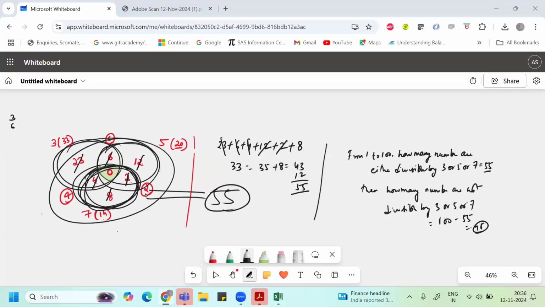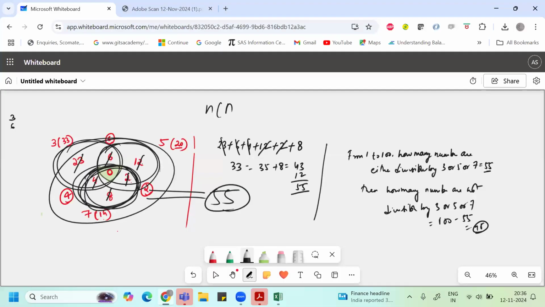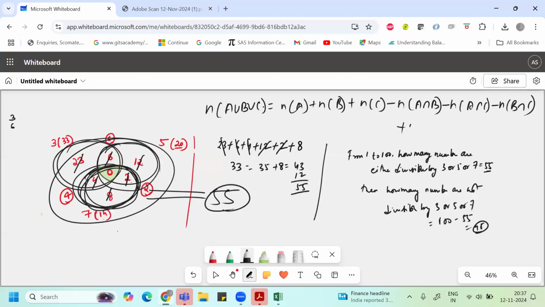If you want, you can use the formula of n of A union B union C. The formula is n of A plus n of B plus n of C minus n of A intersection B minus n of A intersection C minus n of B intersection C plus n of A intersection B intersection C. It's all up to you.